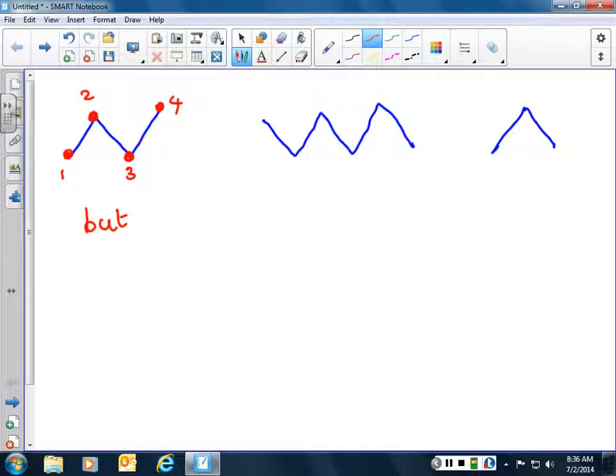Page 115, table 4.5. Can you see that? 1, 2, 3, 4. 4 means but. Since it has all carbon-carbon single bonds, it's ane because it's an alkane.